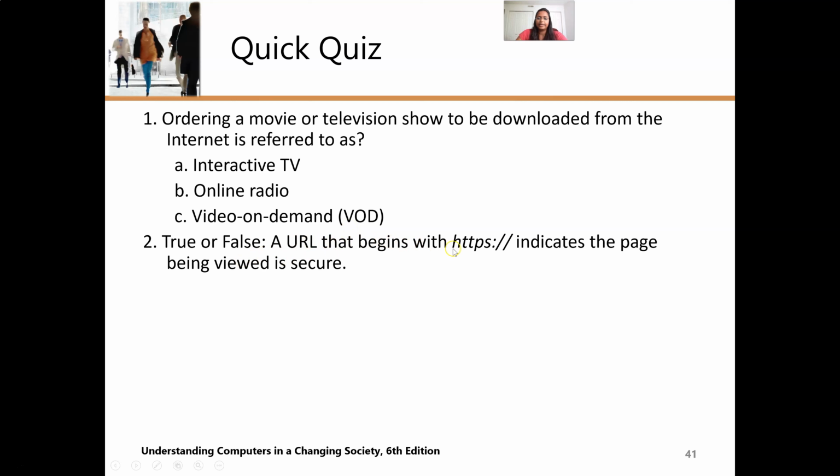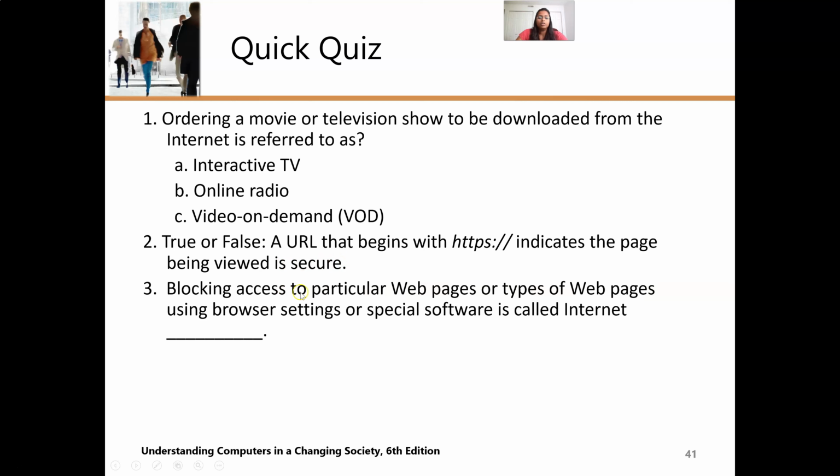A URL that begins with HTTPS indicates that the page being viewed is secure. Is it true or is it false? Blocking access to particular web pages or types of web pages using browser settings or special software is called internet blank. I'm sure you're ready with the answers. Let us see.